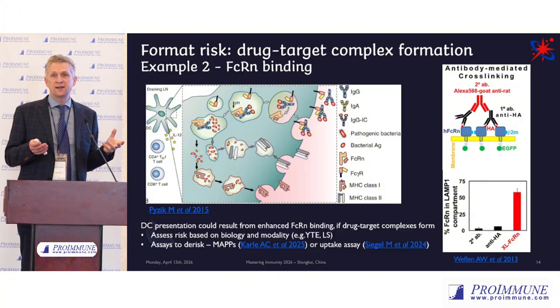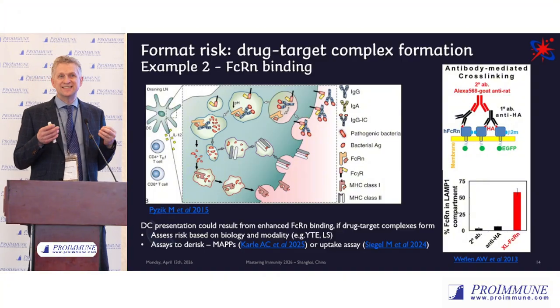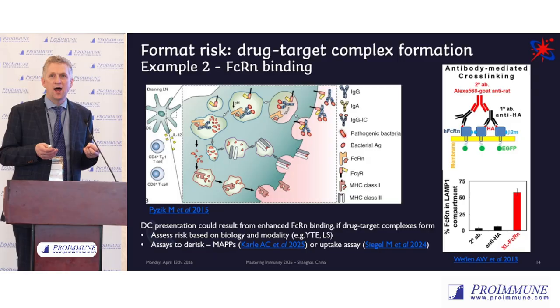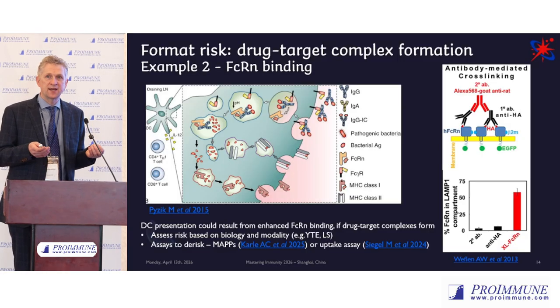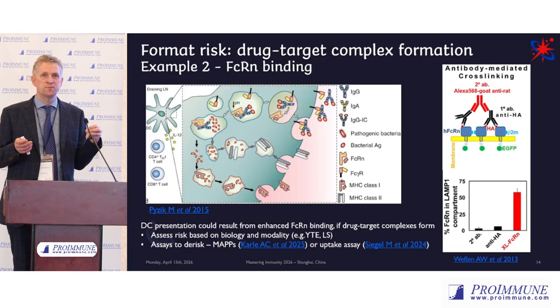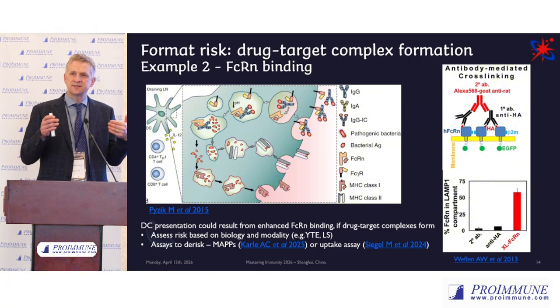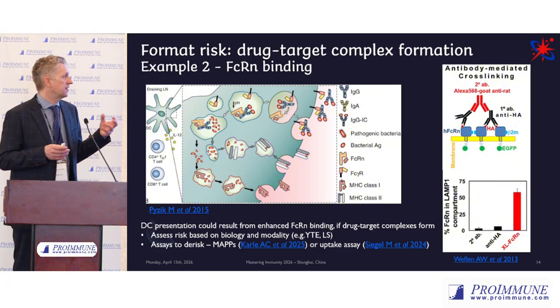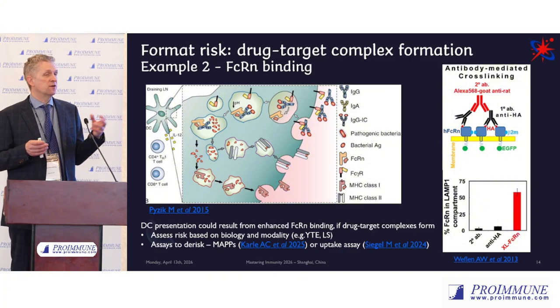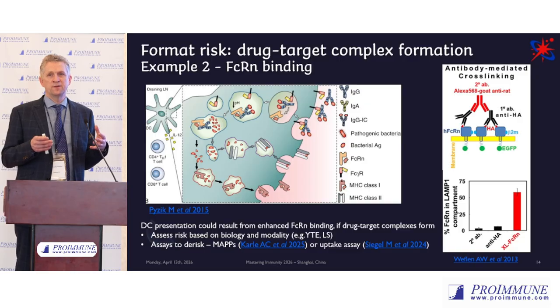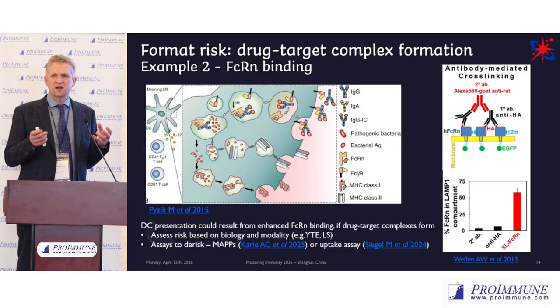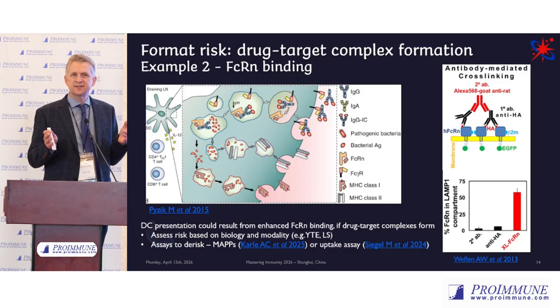You can also then look at, do I need to do something different with my drug? Perhaps the acid switch technology, where when you're getting into these compartments, you're releasing the target from the drug, can help with this. The other way is to look at a one-armed approach, which you can get in bispecifics, depending on what the combination of targets are.